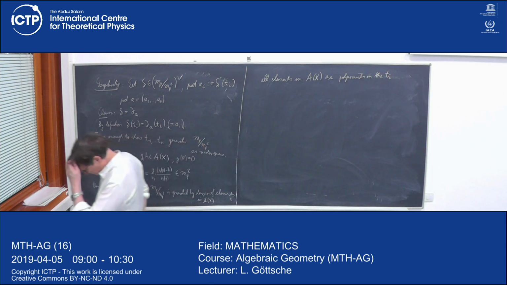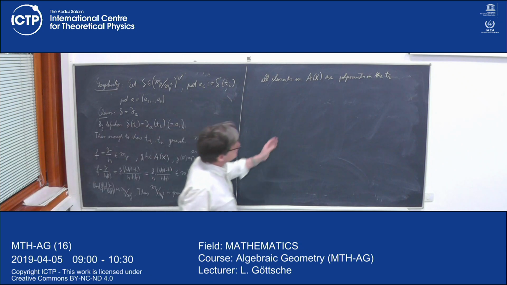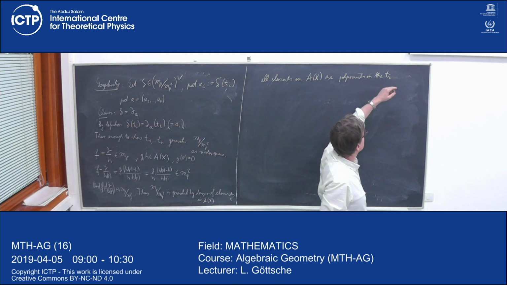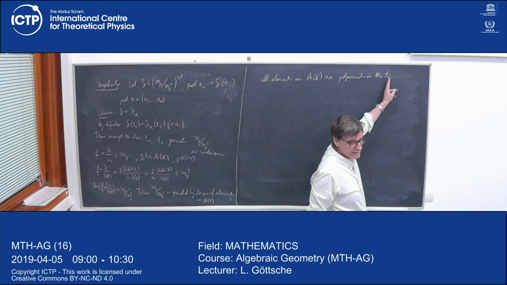So by itself, an element in AX is the class of a polynomial in K[X1, ..., XN].